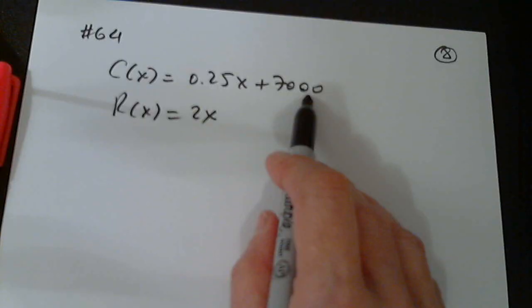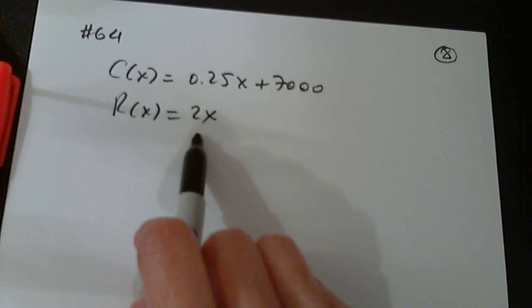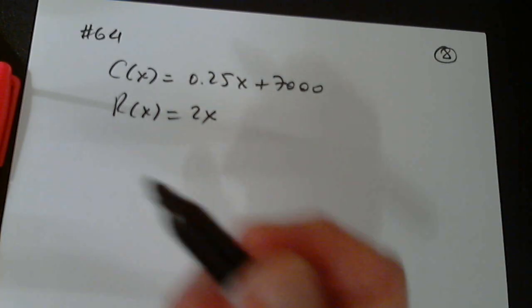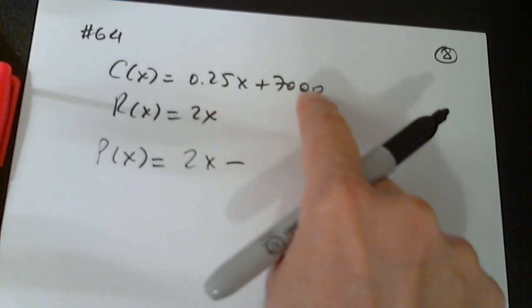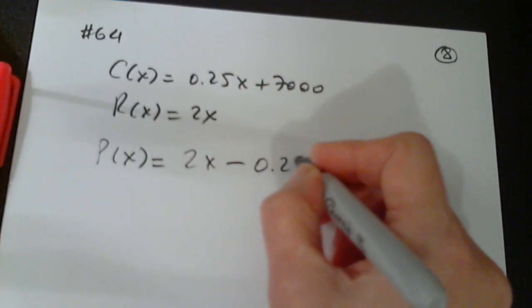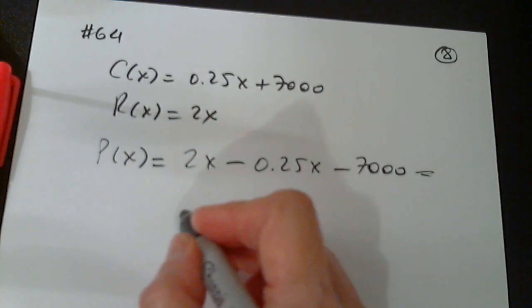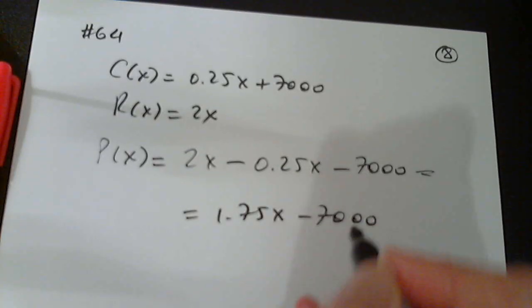So the 7,000 was the fixed cost, 25 cents per card, and we're selling them for $2 a piece. Very simple to find the profit, 2x, but don't forget to subtract both, minus 0.25x and minus 7,000. And when I combine like terms, I get 1.75x minus 7,000.